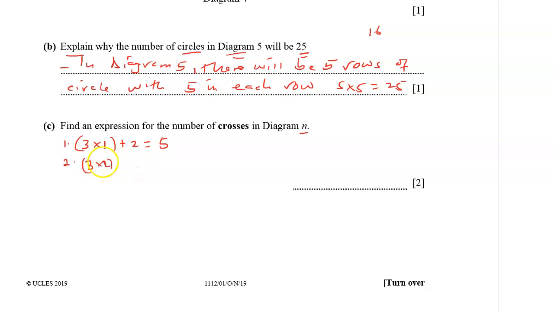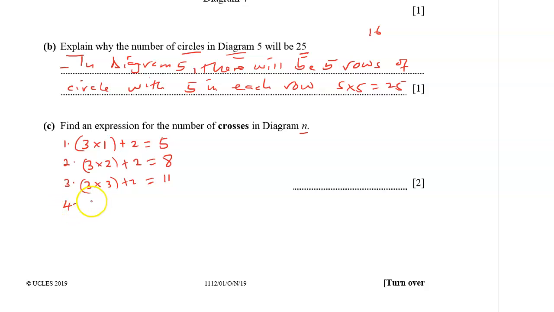3 times 2. Let me get it right. 3 times 2 for diagram 2 plus, of course, 2. This will give us 8. Diagram 3 will be 3 times 3 plus 2. This will give us 11 crosses in diagram 3.